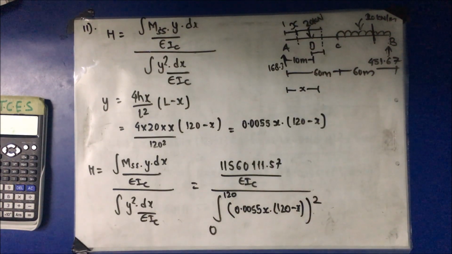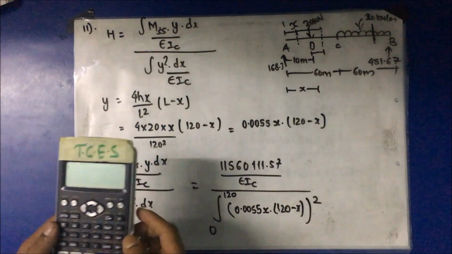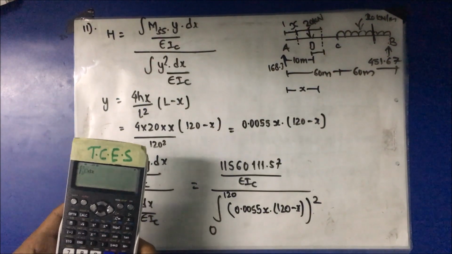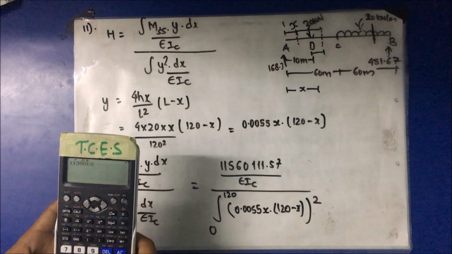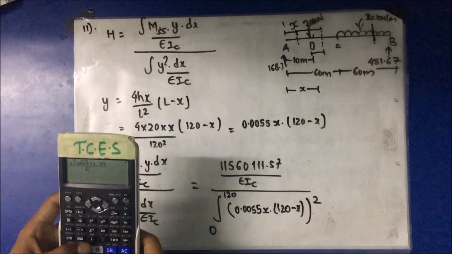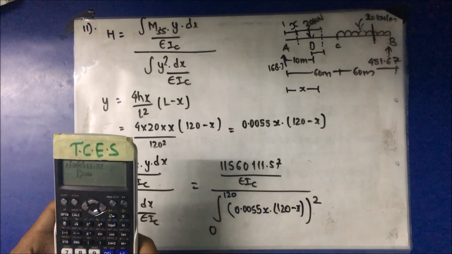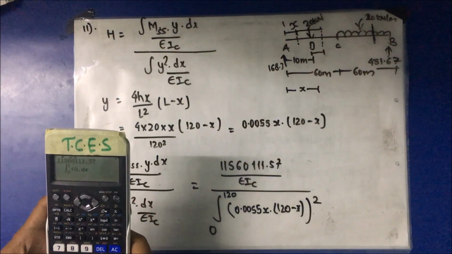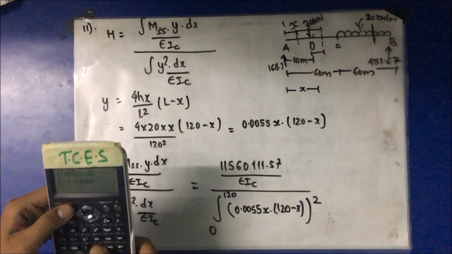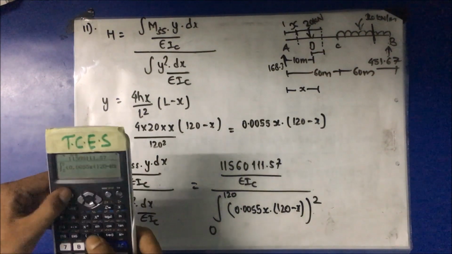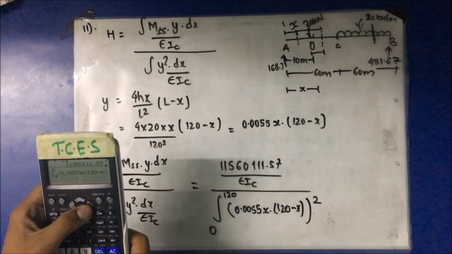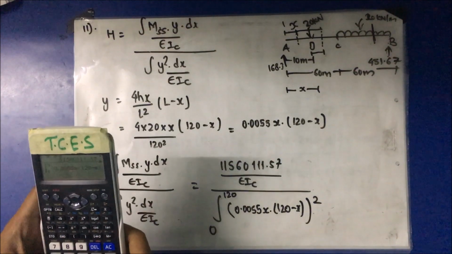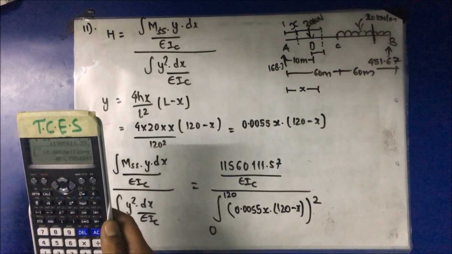So 1156011.57 divided by the integration from 0 to 120 of (0.0055x (120 minus x)) square.